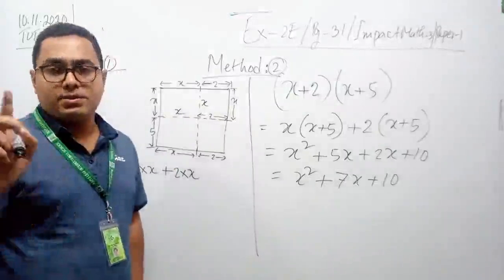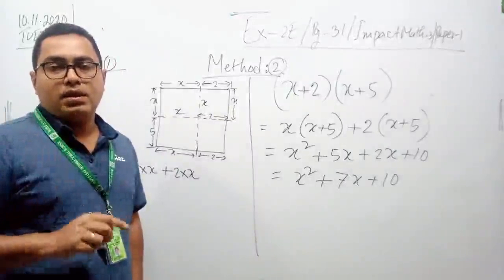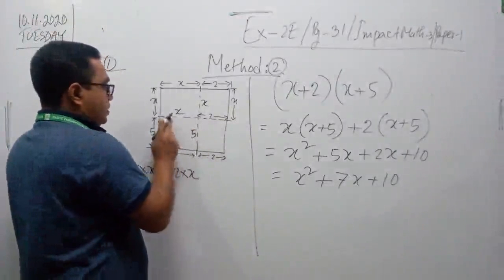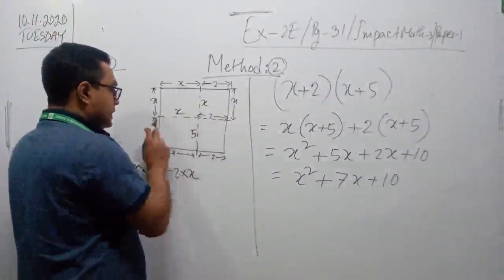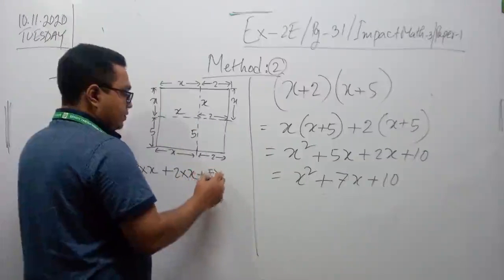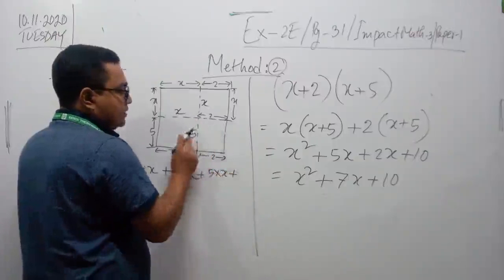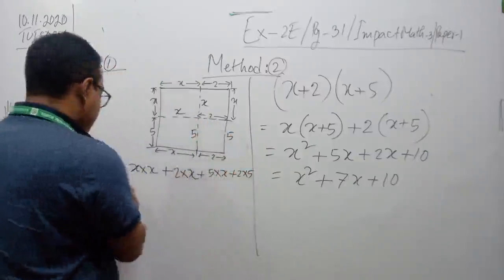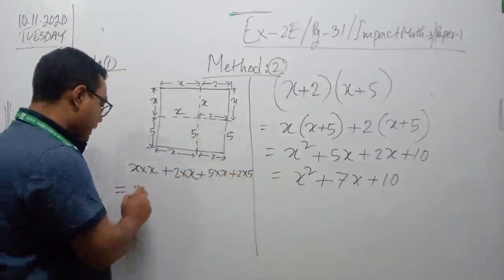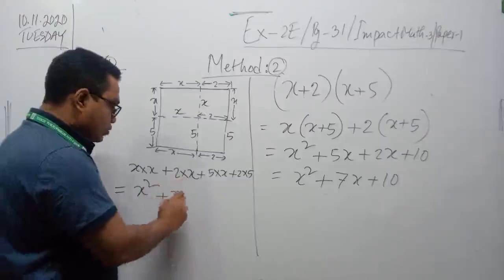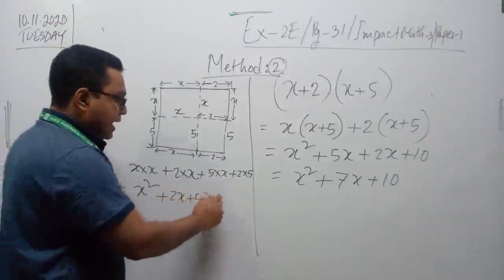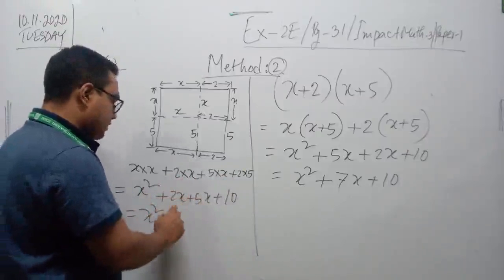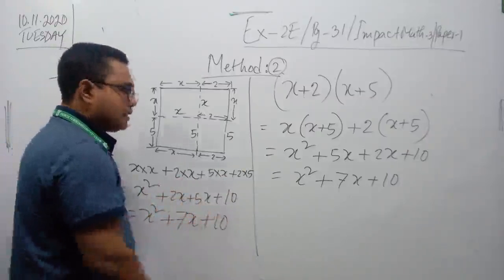Your square is also a special type of rectangle where all sides are the same. So this term x and 5, so x times 5, plus, if this one is 5, that one must be 5, so 2 into 5. Now simplify them. x into x is x square, 2 into x is 2x, 5 into x is 5x, and 2 into 5 is 10. Now x square plus 2x and 5x is 7x, plus 10.